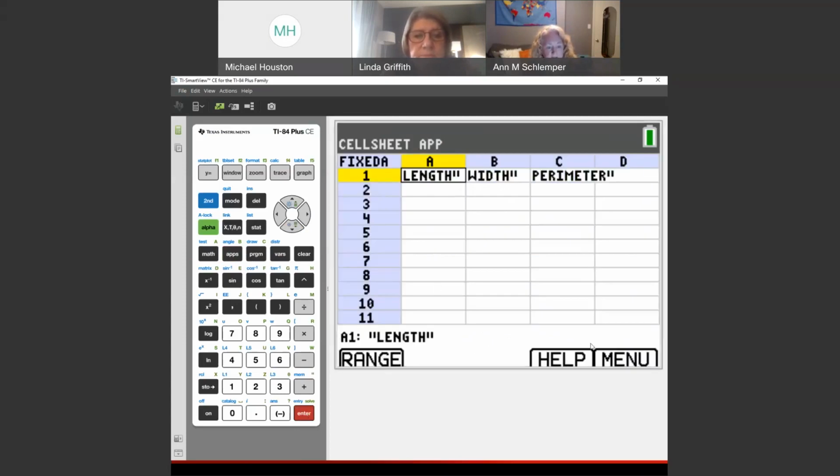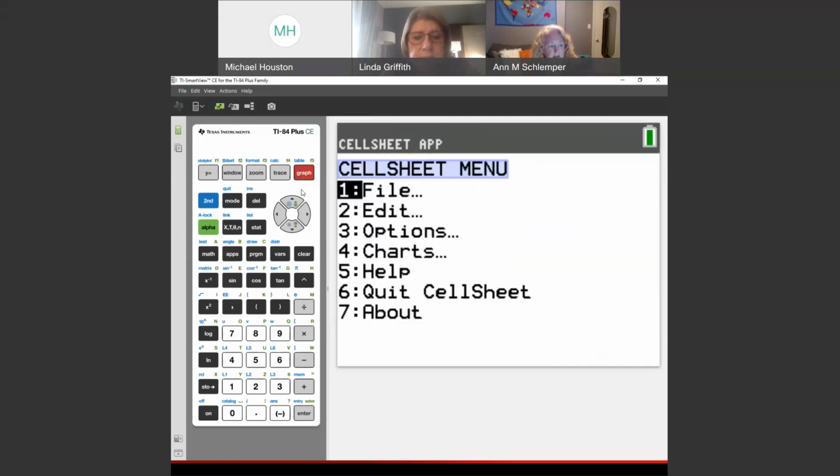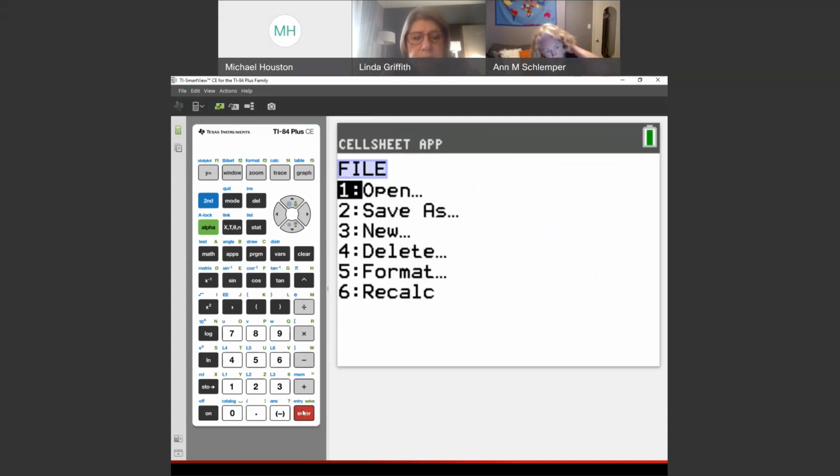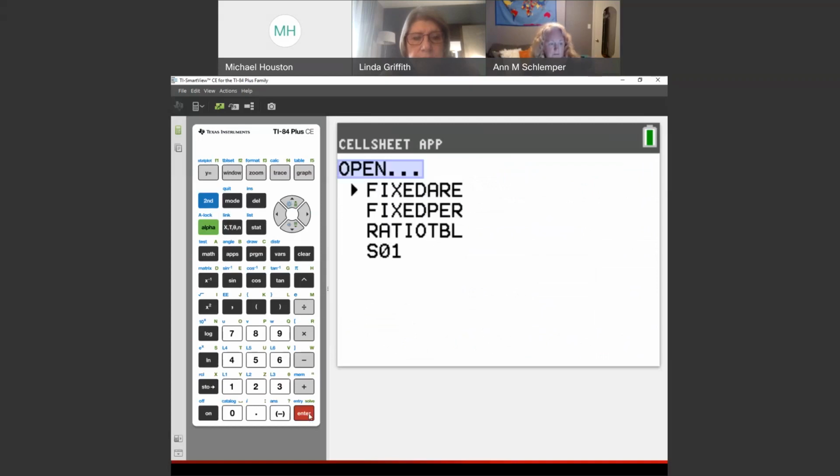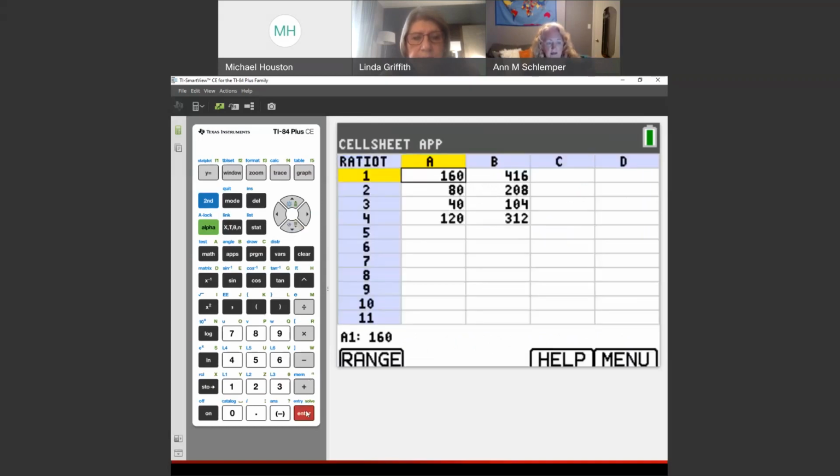And so you can see here that they've got these soft keys, and the menu lines up with graph, and you can see that you can save files. So we can open up the file that I had, and this is the ratio table that I created, and you can see that I entered a formula here. So just like in Excel, you can take whatever this was and divide by 2, or divide by 2, and the kids can do this, divide by 2, divide by 2.